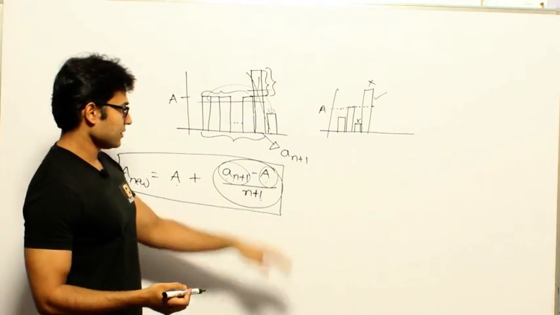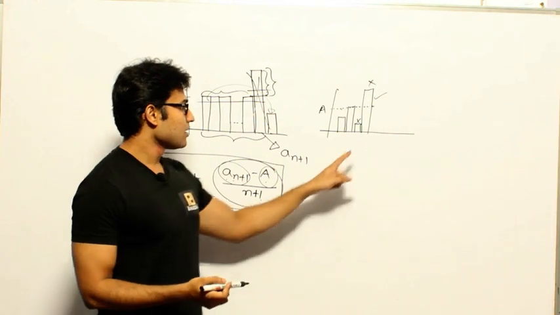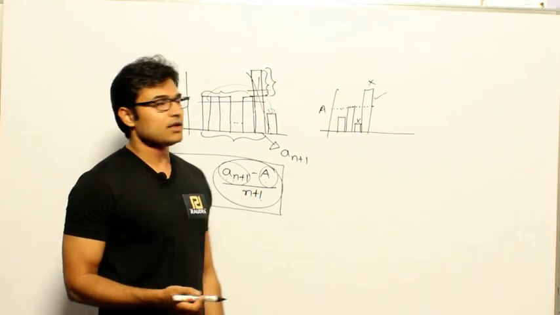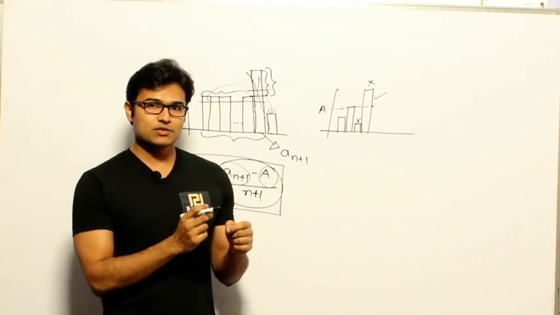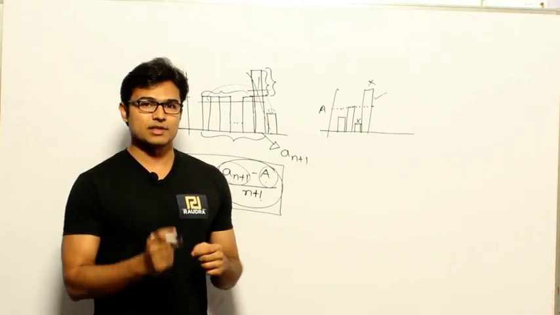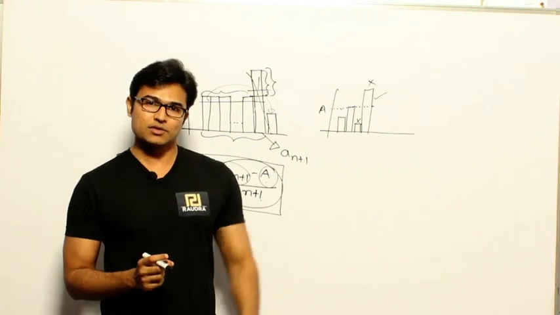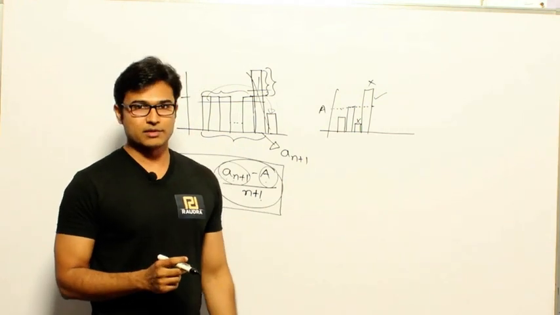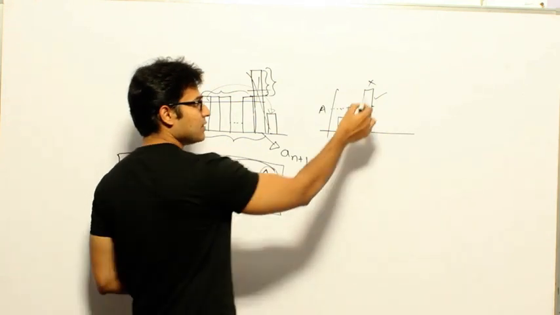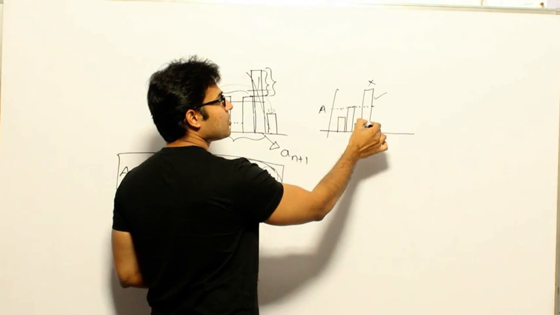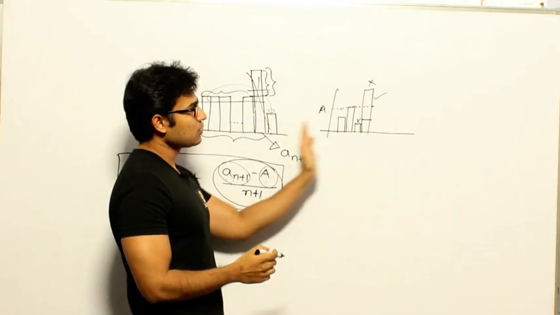Now what is replacing? Replacing is nothing but deleting one element and then adding a new element, right? So in case the replacing is going to increase the total sum, then the average is supposed to increase. If the replacing is going to decrease the total sum, then the average is supposed to decrease, which means if I delete this element with a higher value and replace it with an element of lower value, then what happens to the overall sum?